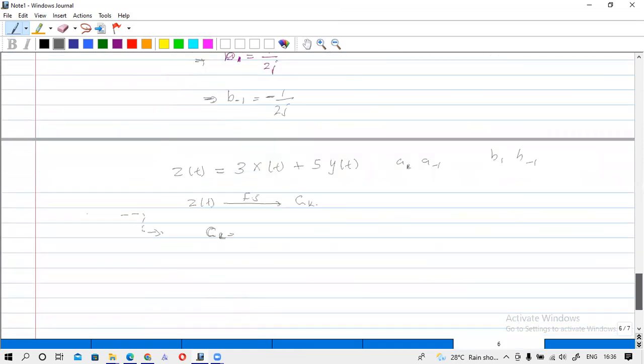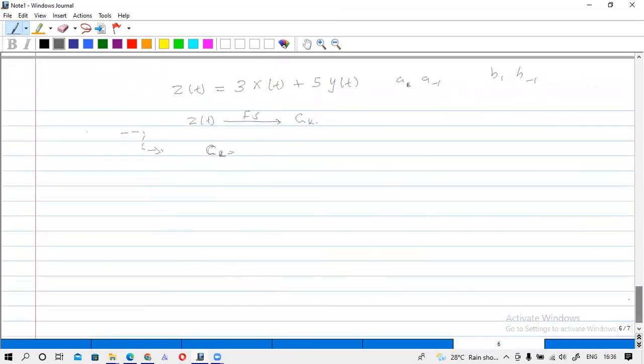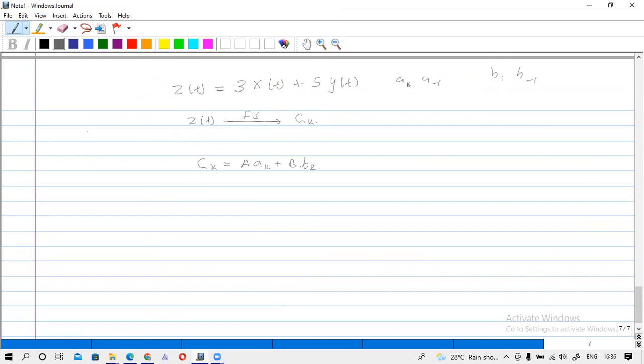If I apply it here, Ck is equal to a·ak plus b·bk. Now you know what a and b are: a is equal to 3 and b is equal to 5.